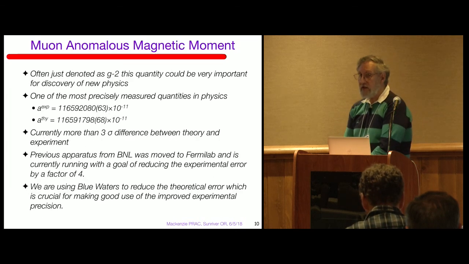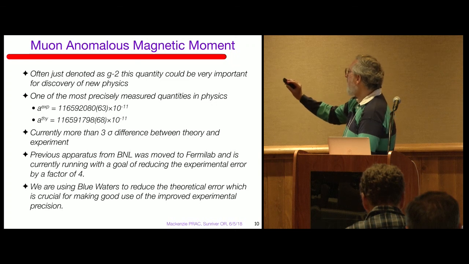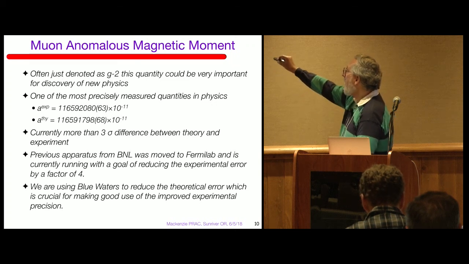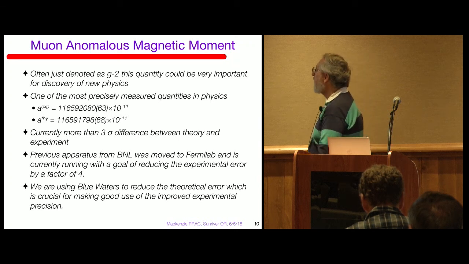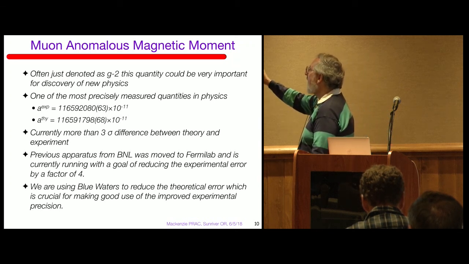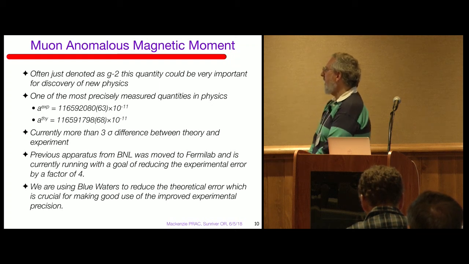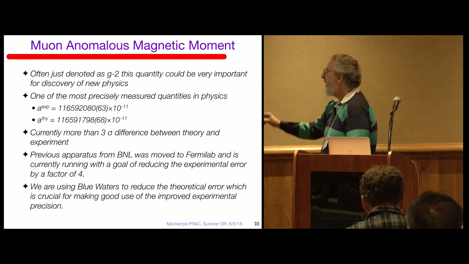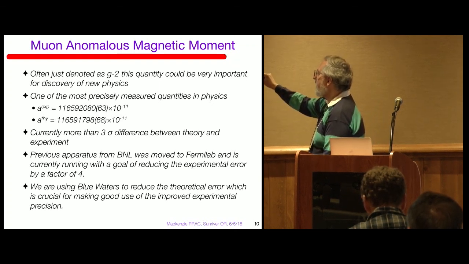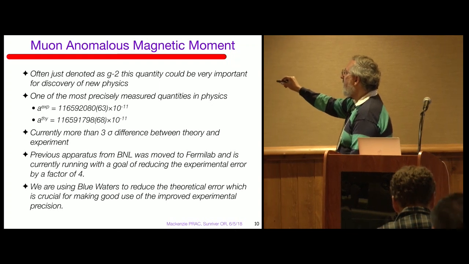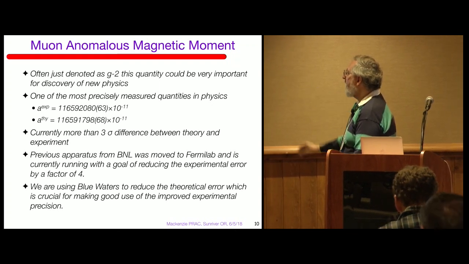One interesting example of that is the anomalous magnetic moment of the muon. It's often just called G-2. You might have seen that if you've been looking in physics journals. It could be a very interesting place to discover new physics. It's one of the most precisely measured quantities in physics, and I have on the first line the experimental value, and in parentheses the experimental error, and then the theoretical value and its error.